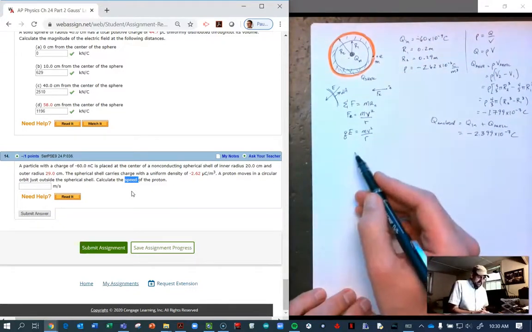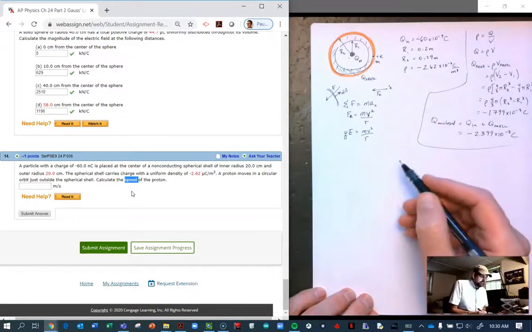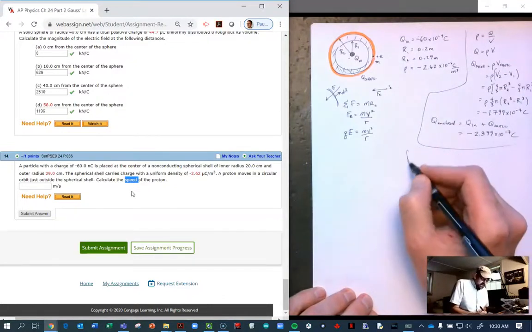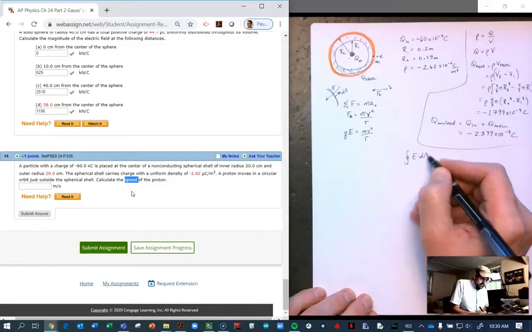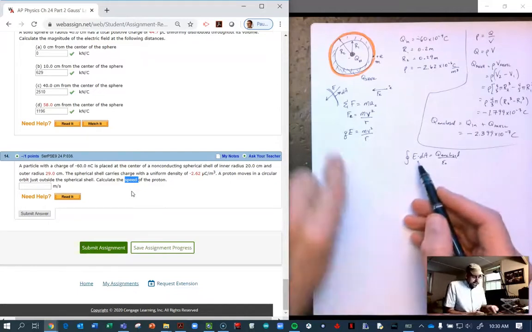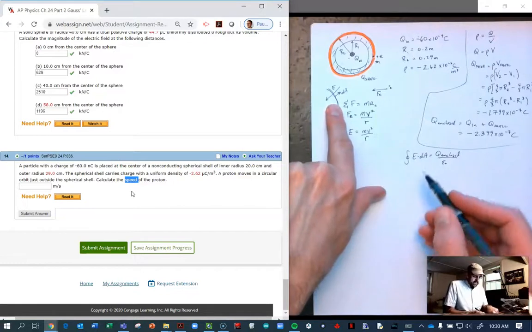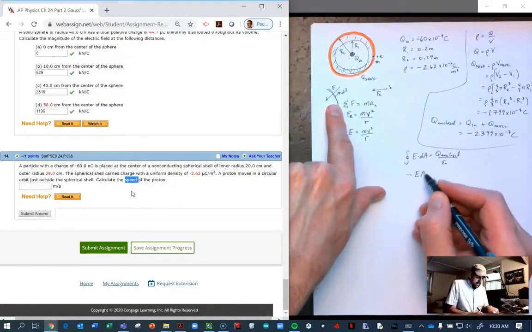So that brings us to, there's so many different little areas here, that brings us to Gauss's law. And because E and dA are anti-parallel, this is going to be a negative EA.